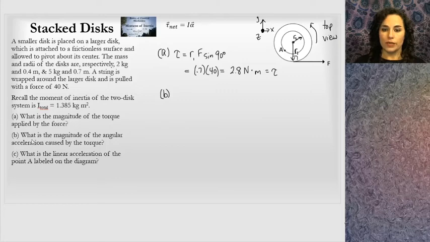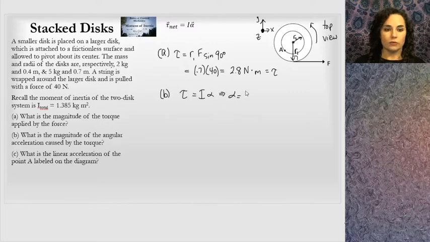Okay, part B says, what is the magnitude of the angular acceleration caused by the torque? So we have the torque, and we have the moment of inertia, and they're asking us for angular acceleration, so we're going to apply Newton's second law. The torque has to equal I times alpha, and we're solving for alpha.